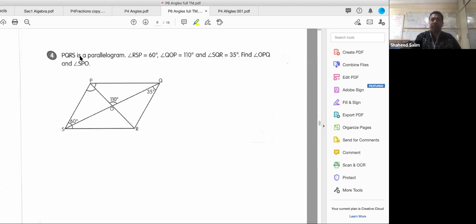Remember, this is a parallelogram. Opposite angles are equal. Side by side angles add up to 180. Remember.